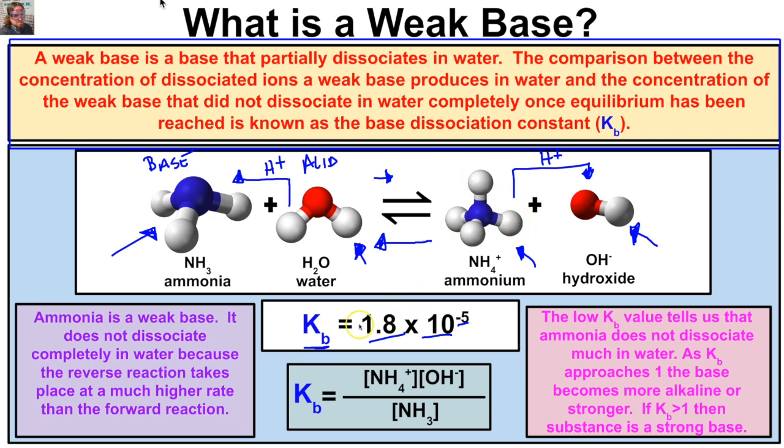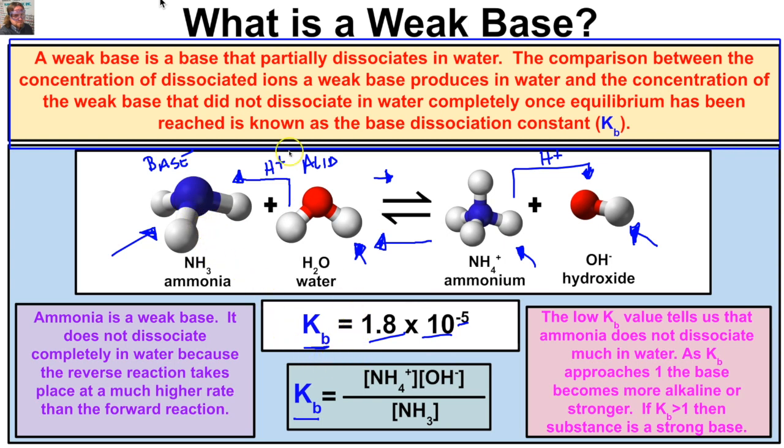And so how can we write our equilibrium expression for our weak base? Well, we can take Kb equaling the concentration of ammonium ions times the concentration of our hydroxide ions divided by the concentration of our weak base ammonia right here.